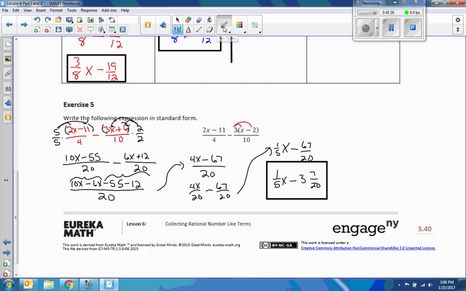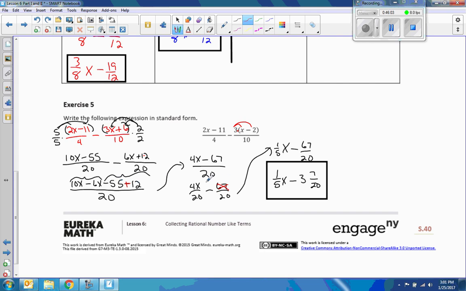Now, looking back, I noticed I did something here. 10x minus 6x is fine. Minus 55 minus a 12 right here. I've already accounted for the minus to make it plus, so this should actually be a plus 12. I made a mistake right there. It should be plus 12. So instead of 67, we had to add 12 back and then add 12 again.